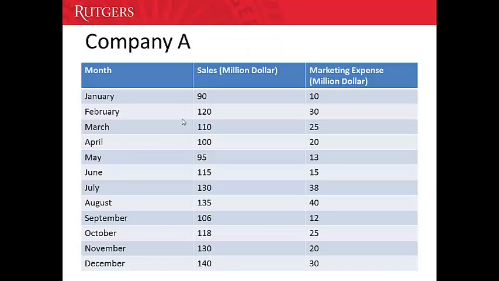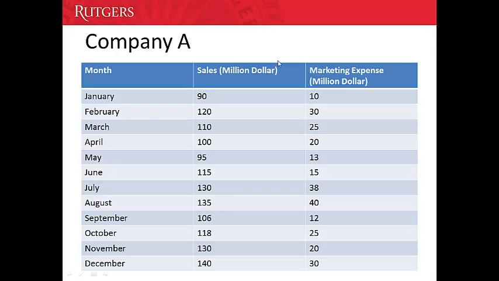Right now, let's take a look at another example. Suppose we have company A, an e-commerce company, and you have the monthly sales and the marketing expenditure for the last 12 months.